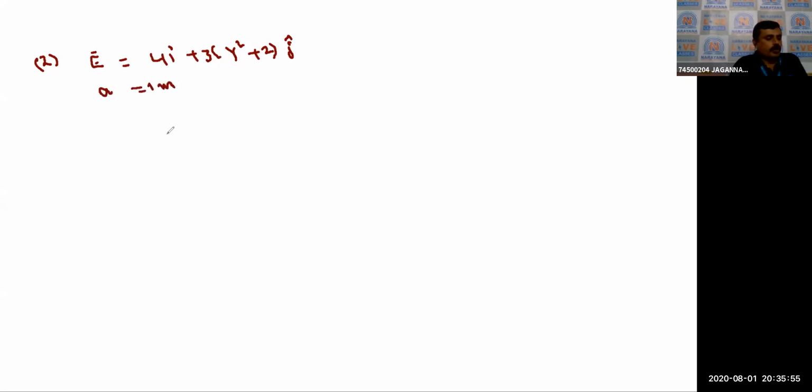This cube is placed at the origin such that its three sides represent the X, Y, Z axes. This is a Gaussian surface, this one is a cube.